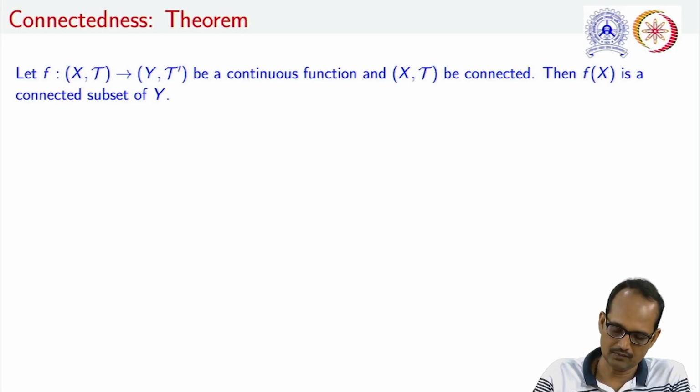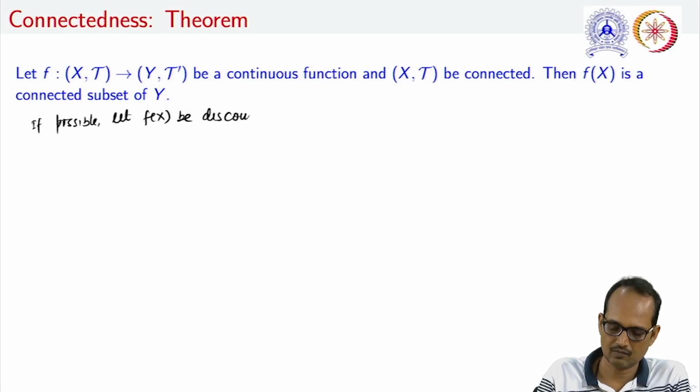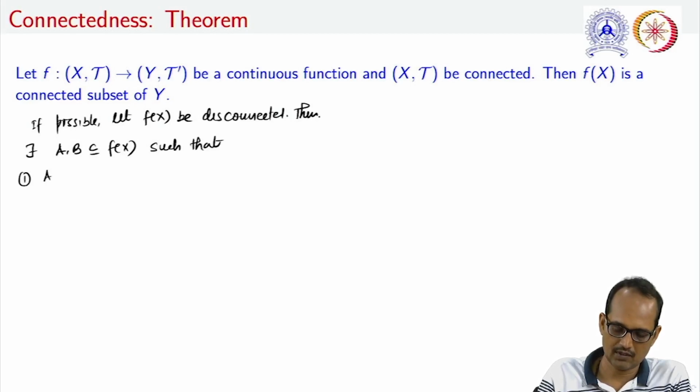Let, if possible, f(X) be disconnected, then there exist again two subsets A and B of this f(X) such that A and B are non-empty, A and B are open subsets or open in f(X).